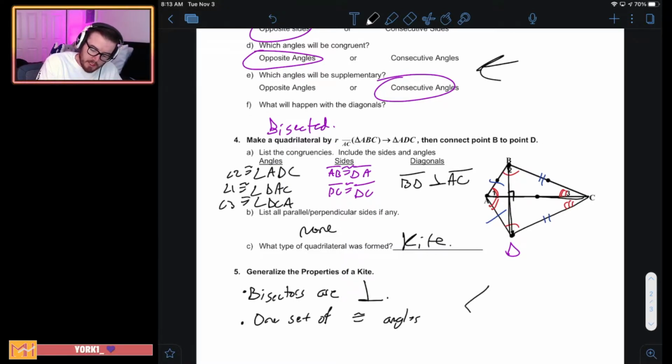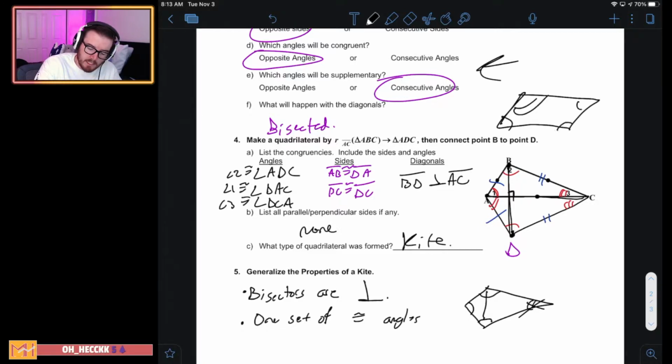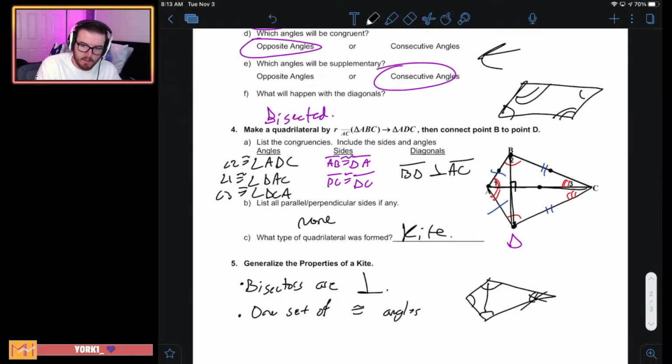If you draw this shape like this, this angle is congruent to this one, but this one is not congruent to that one. So we only have one set that's the same. In our parallelograms, this was the same as this one, and this one was the same as that one. The opposite angles are congruent. In a kite, that doesn't happen. There's only one set. And then two sets of congruent sides. This one and this one, this one and this one.